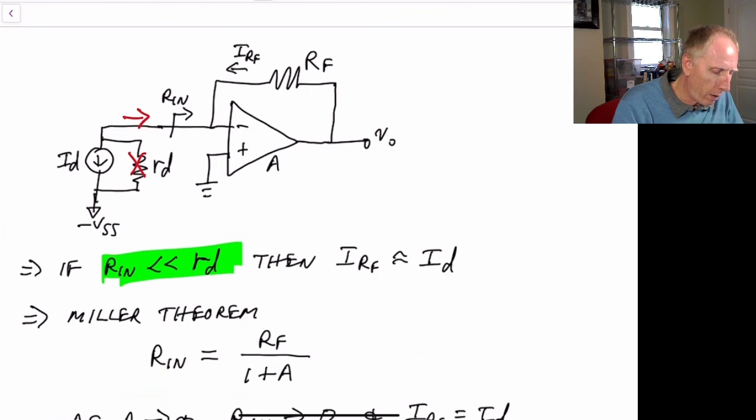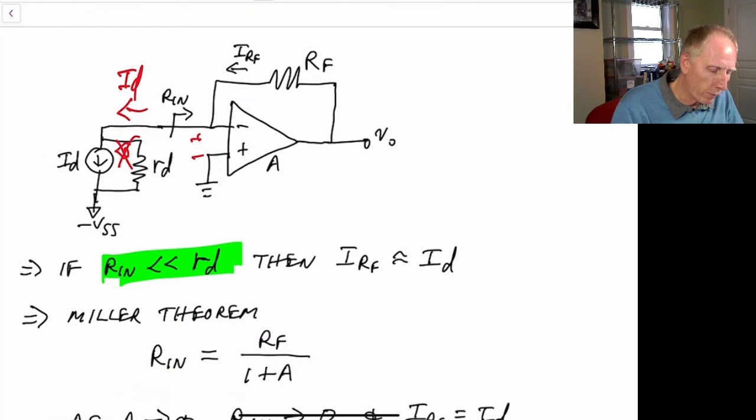Actually, I guess we're flowing the other direction. Sorry, I should have been drawing these the opposite direction here. Anyway, if Rn is much smaller than R sub D, then we can pretty much ignore this current over here, and this will equal I sub D over here.